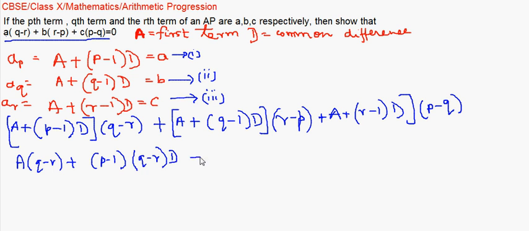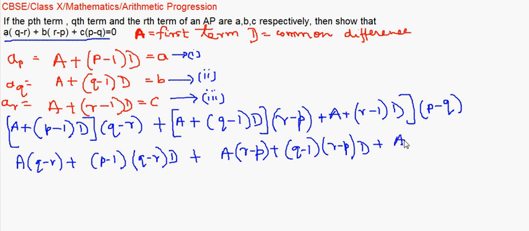For the second, again I'll remove the bracket to find A(R minus P). I'll follow the same method. What will remain is (Q minus 1)(R minus P), and there already you have a D. Again for the third term, I take A(P minus Q) plus (R minus 1)(P minus Q) D.